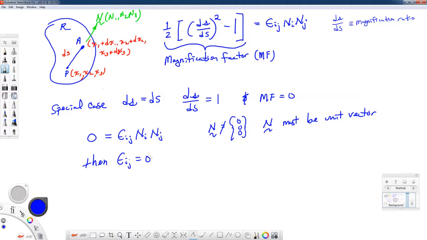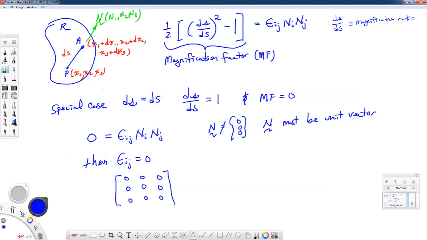Okay, so in this particular case, with a rigid translation, say, no change in line segment length, a magnification ratio of 1 gives a magnification factor of 0. That means that we don't have any entries in our strain tensor. Now we can arrange this strain tensor just like a matrix, a 3 by 3 matrix with epsilon 1, 1, and so forth.